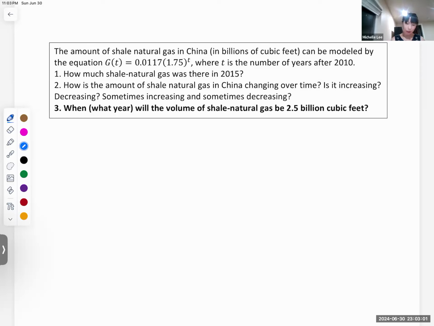So 2015 minus 2010, which is 5, right? So number one, g of 5, which is 0.0117 times 1.75 to the 5th power.